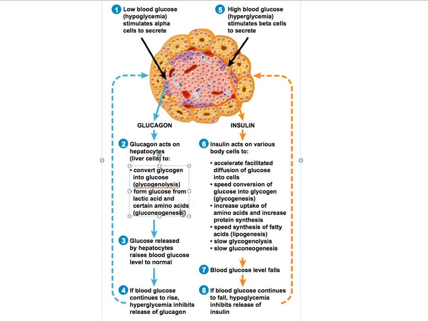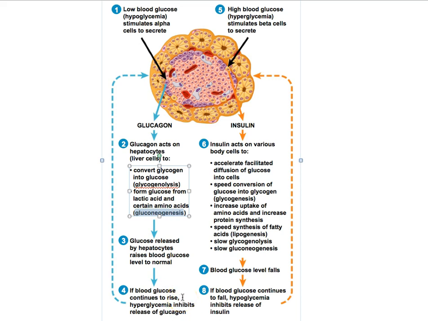This is gluconeogenesis. More important for later in the semester, but this is where this idea is introduced. So in times of plenty or in times of want, you can use lactic acid, which is the waste material for glycolysis, and or certain amino acids. That glucose is released by the hepatocytes, and then we return it back to its normal concentration.